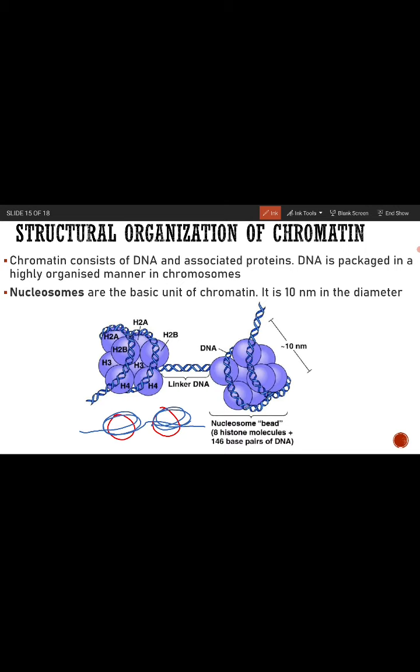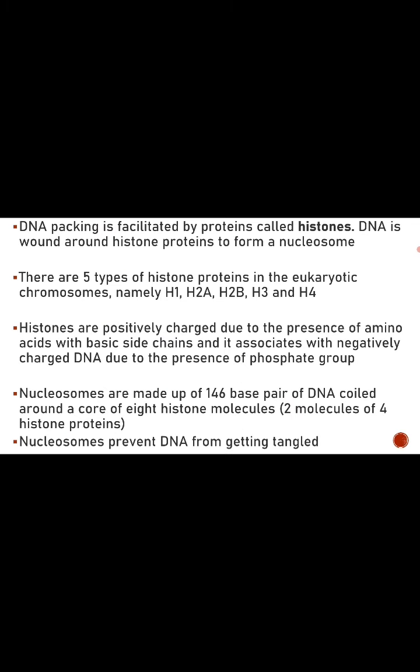So these are the nucleosomes. Nucleosomes are the structural organization of chromatin, where the DNA molecule is wrapped around histone octamers to form beads. The thread on bead structure, right? Something like this is formed. So they are compacted.